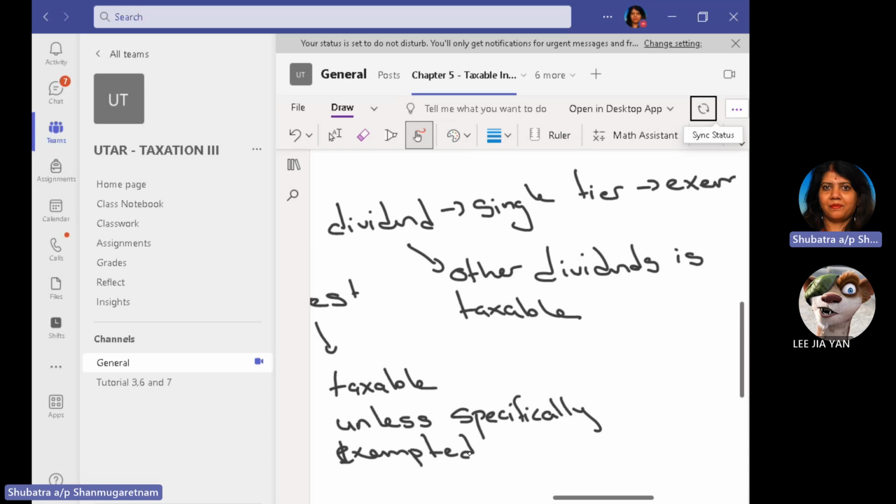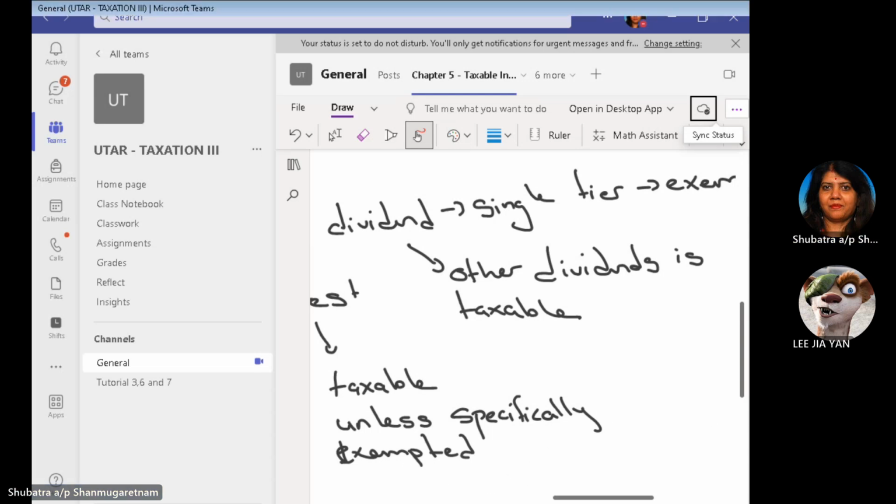Unless specifically exempted, it's in your tax 1 slides. I will upload it for you. All right? There are certain categories of interest which are exempted from tax. The rest of it is taxable. All right?